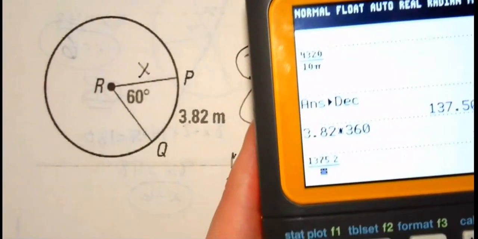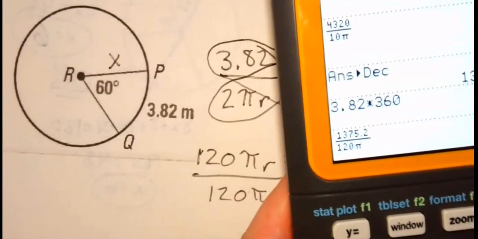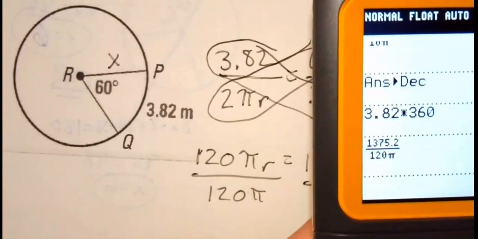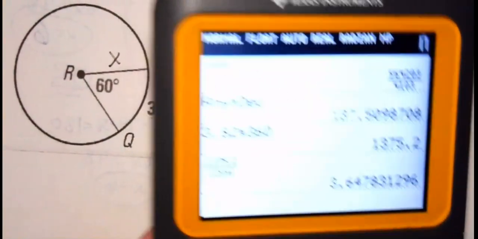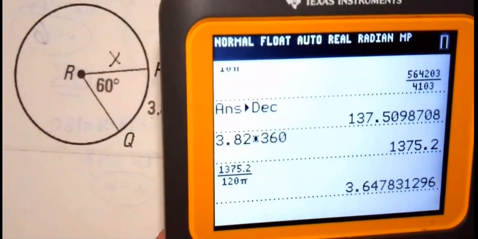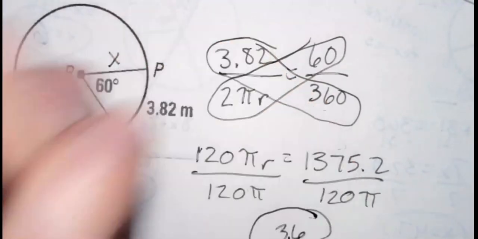This, divided by 120 pi, 3.6 is going to be the radius, depending on what it wants you to round to. We'll just say 3.6. All right. And that is all.